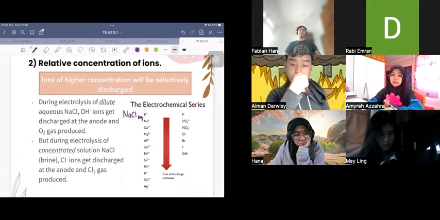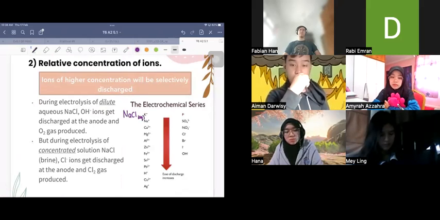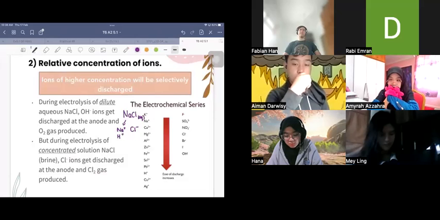Since it's a dilute solution, that means aqueous, a lot of water molecules in there. So there's the Na plus and the chloride ions. There's also the H plus from water and the OH minus from water. Since it is a dilute solution, there's a lot of water.